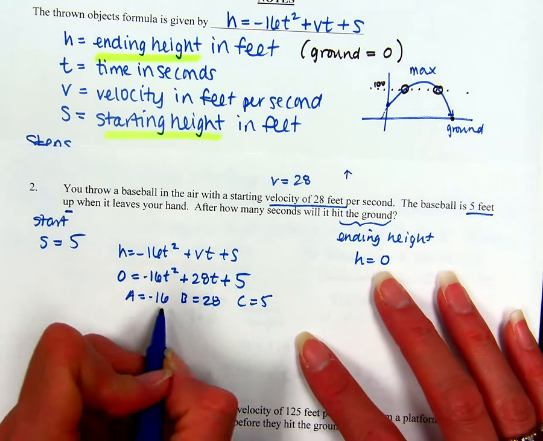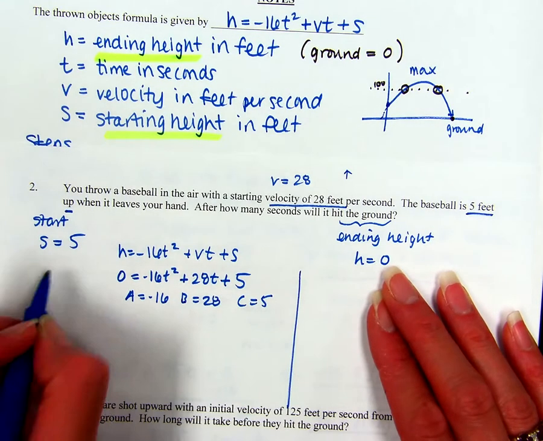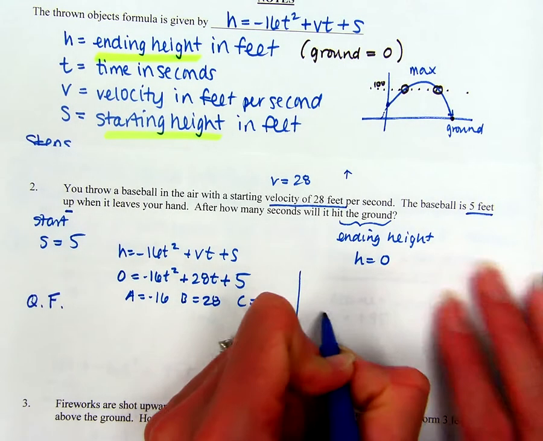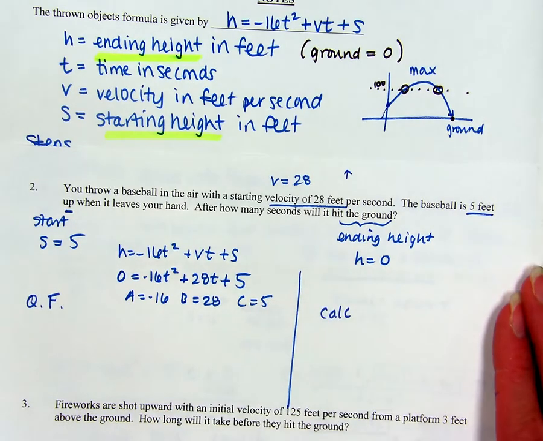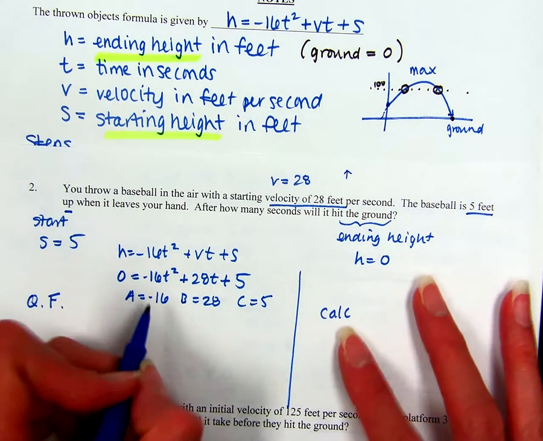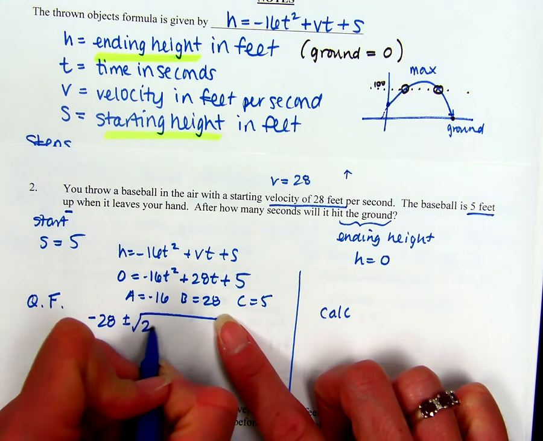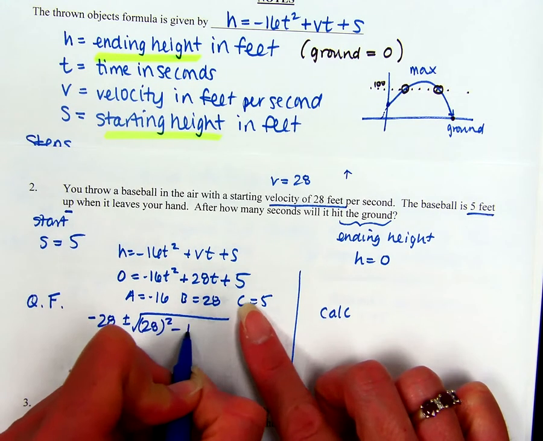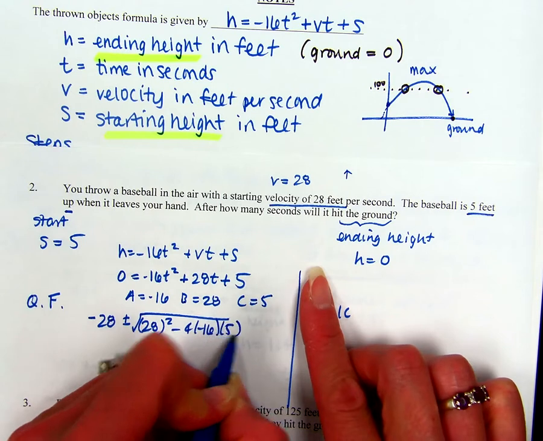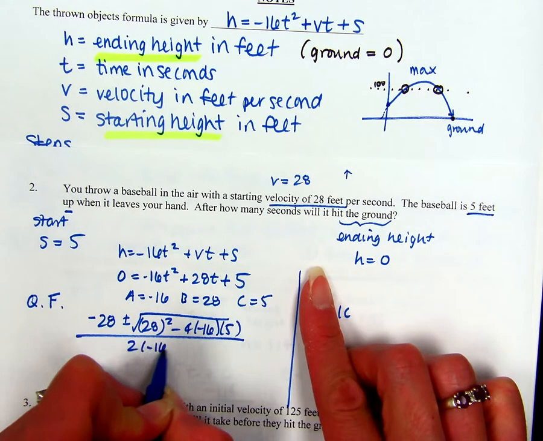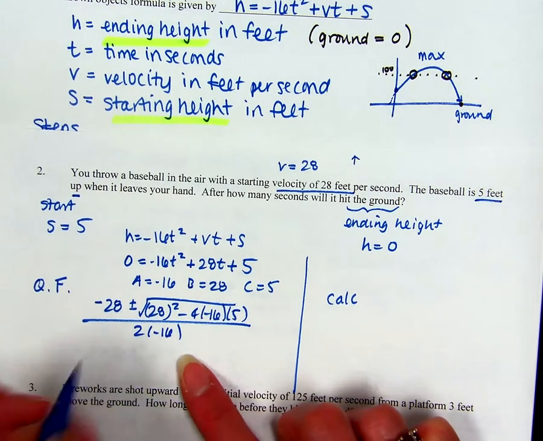Let's call this the quadratic formula method, and then we'll do it with the calculator in a minute. So it's the opposite of b, plus or minus the square root of b squared minus 4ac, all over 2a. And then we just need to simplify.